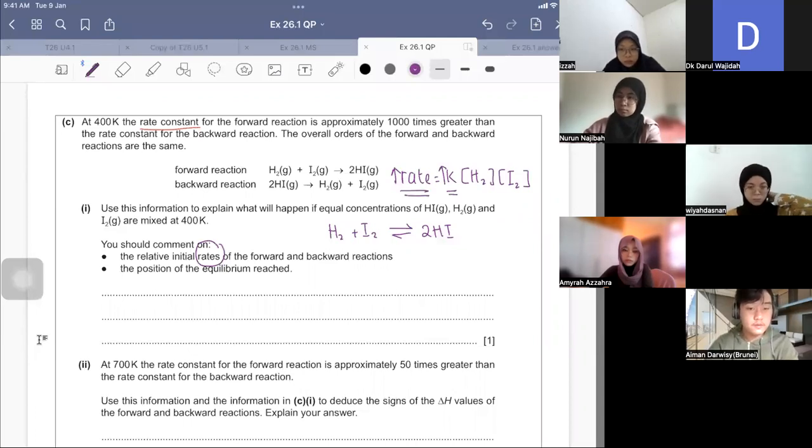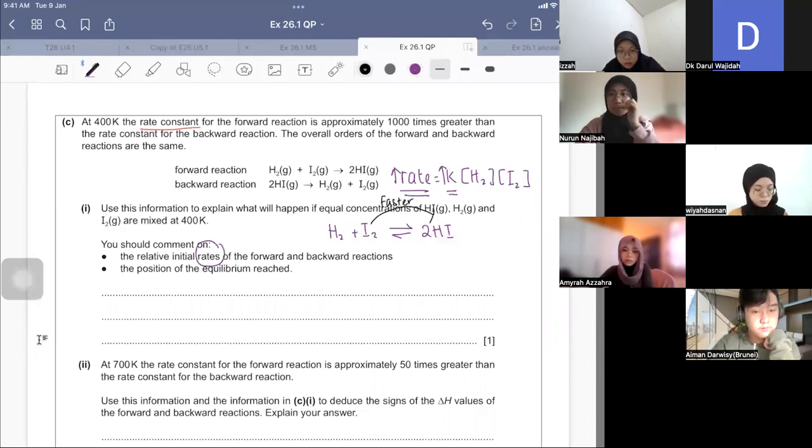The position of the equilibrium reached. So that means we know that the forward reaction is faster, and the reverse reaction is slower, based on the value of the rate constant, right? So first we want to comment on the initial rate.